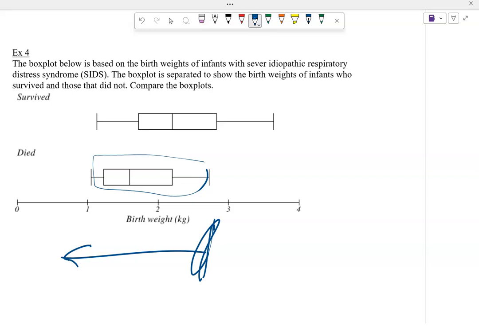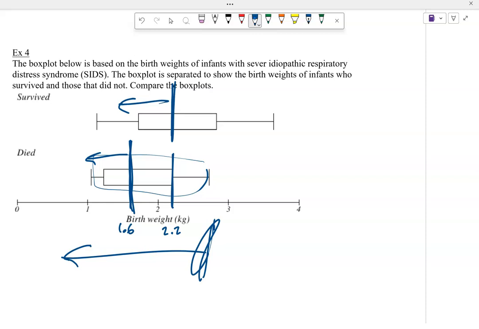In other words, 50% of these are 1 point something. Maybe that's 1.6 and below, like 50% of them. 75% of them are 2.2 and below. Well, that's at the median. 50% are 2.2 and below for those that survived.